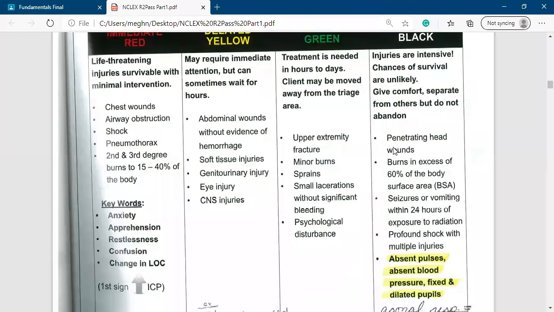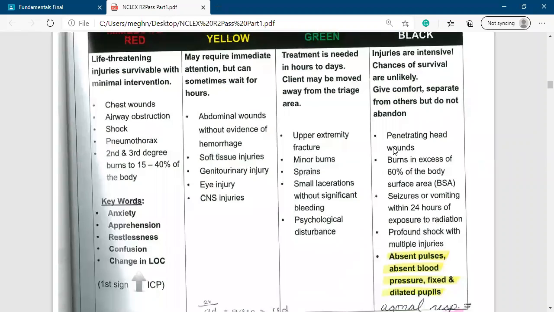And here are some examples of class 4 black tag patients. One is penetrating head injuries or burn in excess of 60% of the body.